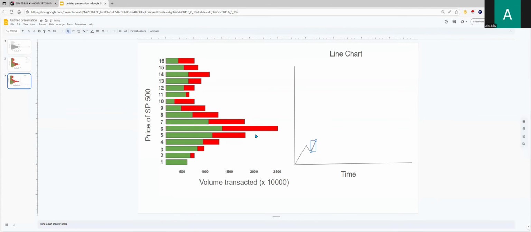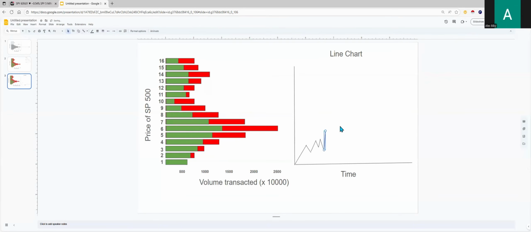Now, once we get into this pretty heavy area where most of the volume is going to be transacted, this is where we see that the market is most choppy. So let's say something like this. Maybe price does go back down. Maybe there's a little flux of sellers there.